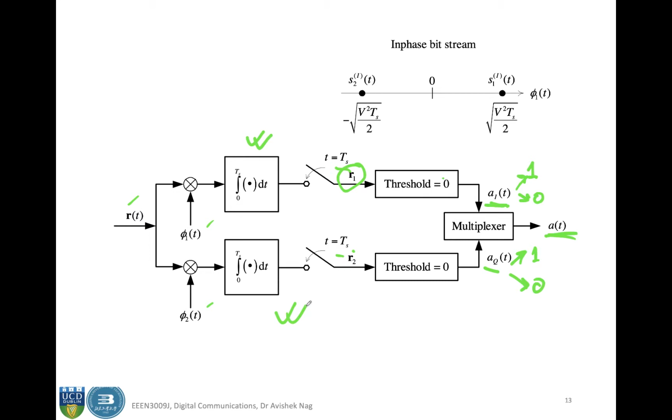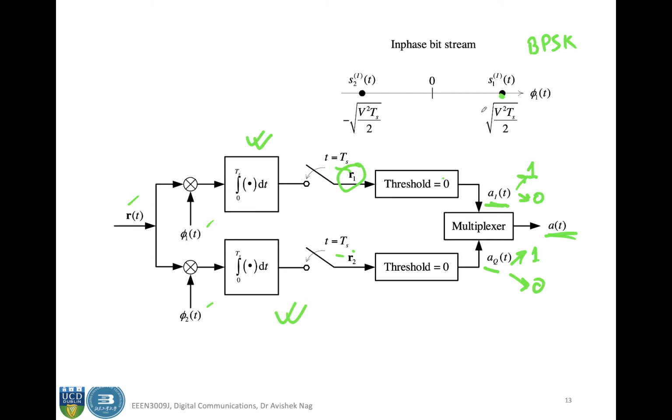So the in phase bit stream can be imagined as a BPSK. If you recall the constellation or the signal space diagram of BPSK, then BPSK signal space diagram looked like this. You had 2 signals which are lying across the same axis, and the one is 180 degree opposite of the other. So that means the signs are different.